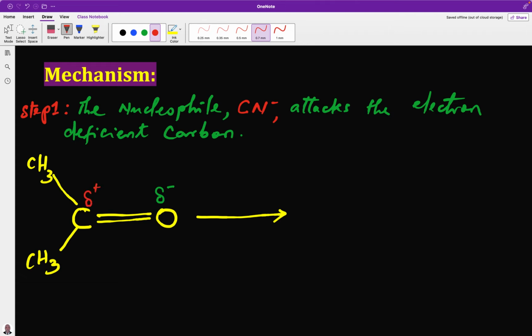And I said because of the polar nature of the carbonyl group in the ketone, it is able to undergo nucleophilic addition. The carbonyl group is polar. So what happened? Here you will see the nucleophile, which is the cyanide.